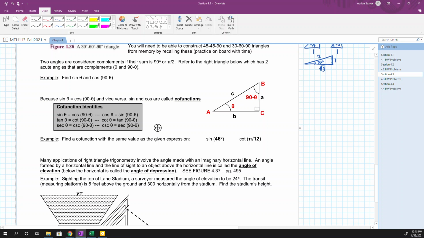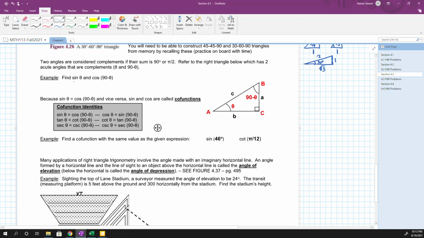So my other angle, if I take 180 minus that 90, it's 90, minus this theta, and that's the measure of my other angle here. So you've got three angles: theta, your 90-degree angle, and 90 minus theta. If you're doing it in radians, it'd be theta, pi over 2, and pi over 2 minus theta.